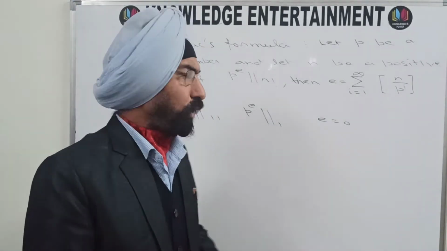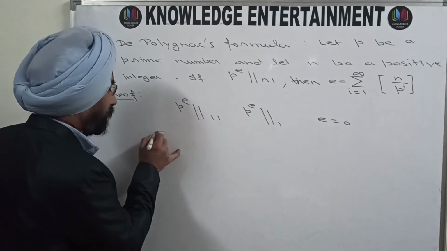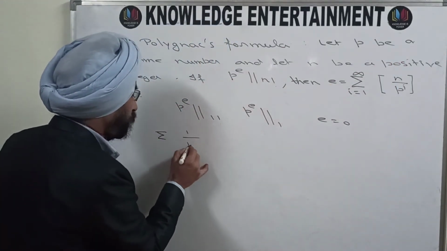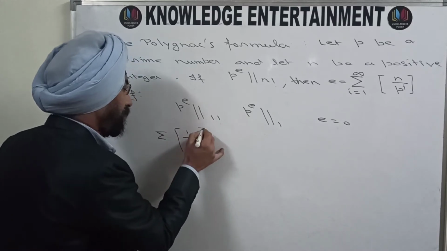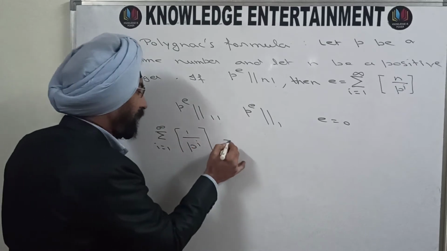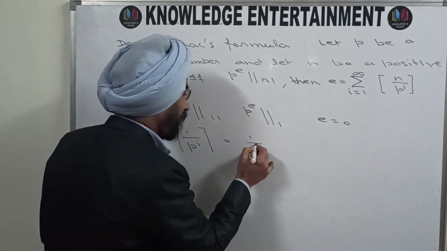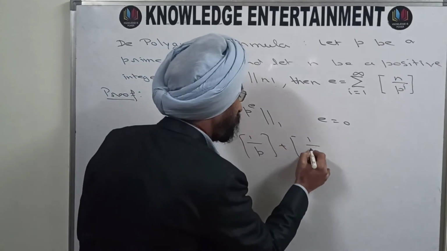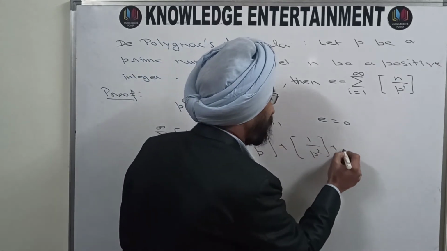From this result, what are you going to get now? Sigma. Here your n is now 1. Floor of 1 upon p raised to the power i, where i varies from 1 to infinity, and when you expand it, you will get floor of 1 upon p plus floor of 1 upon p square plus and so on.